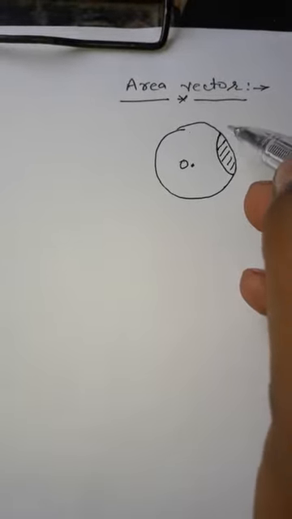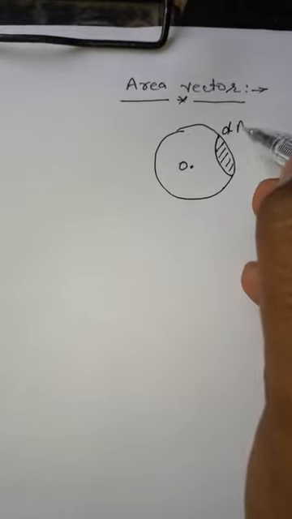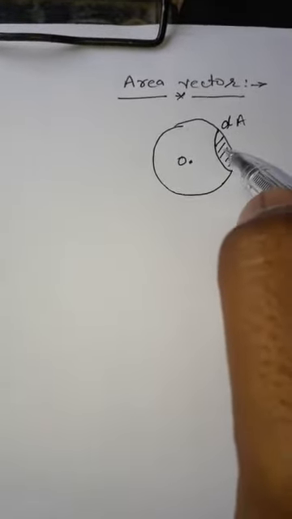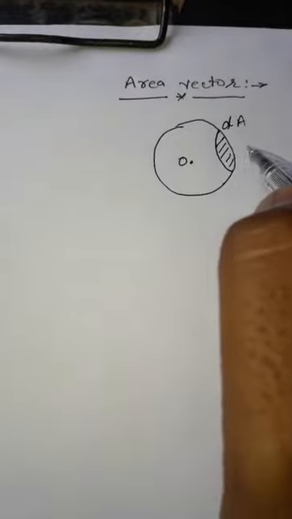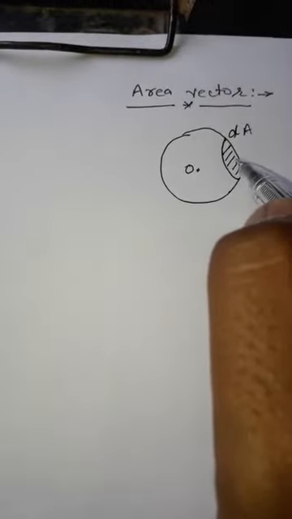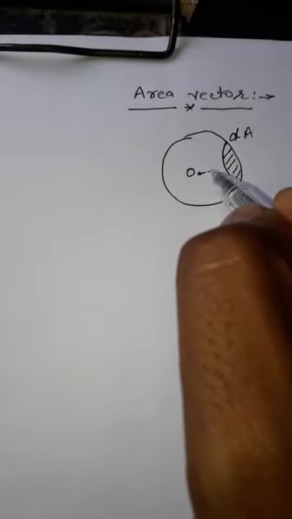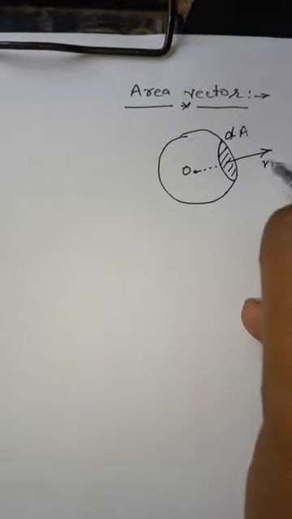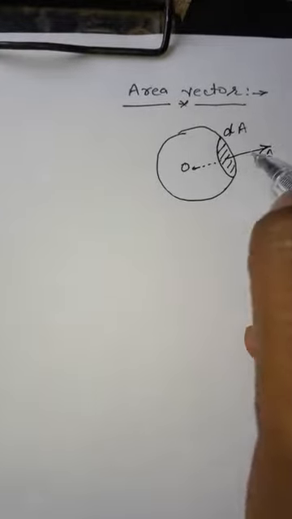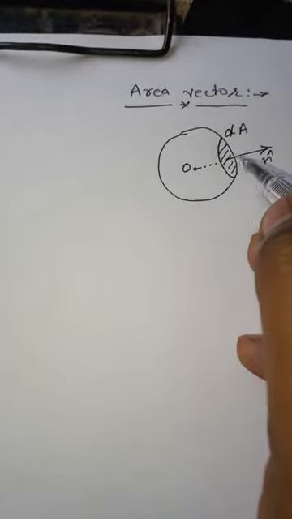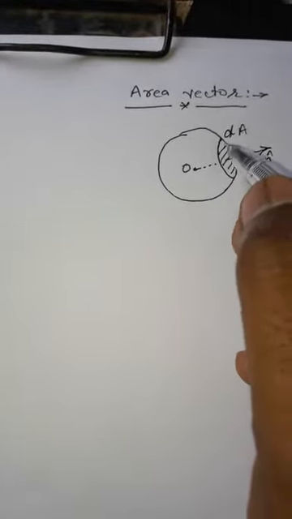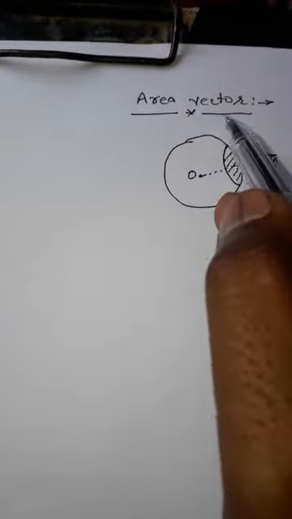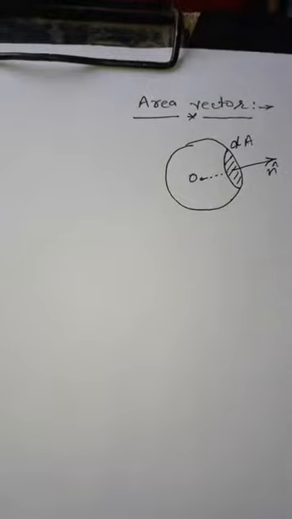As there is area, say it is dA, small area of this surface, then a vector drawn perpendicular to the surface. Now a perpendicular to this surface is a line joining the center. So we can say this vector, say n cap, represents the direction of this surface, and hence this area may be written as an area vector having direction normal to the surface.